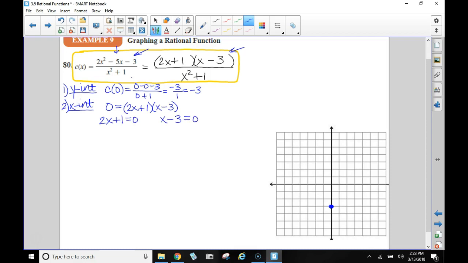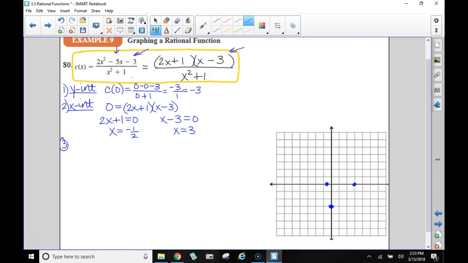Subtract 1, and then divide by 2. So we're going to get one value of negative 1/2. Add 3 to both sides, and so 3. There's going to be two x-intercepts on this thing. One of them is at negative 1/2. The other one is at 3. So I can tell you right now we're not going to have symmetry about the y-axis. No way.